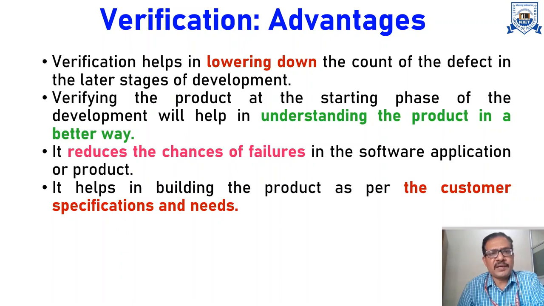These are some of the verification advantages. Verification helps in lowering the count of defects in the later stage of development. Verifying the product at the starting phase of development will help in understanding the product in a better way. It reduces the chances of failure in the software application or product. It helps in building the product as per the customer specifications and needs.